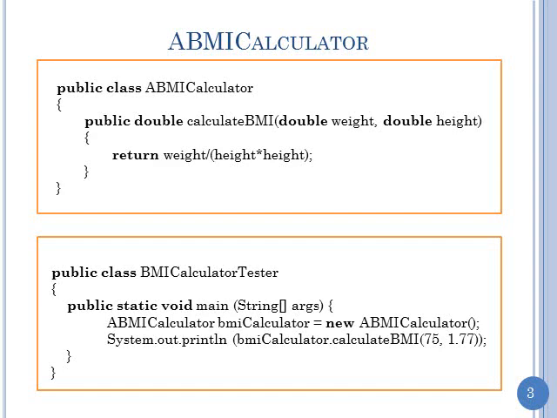So that was one example, and here's another example. It's a BMI calculator. Again, this is a class with only one operation, one function. In general, a class could have many functions. Where a square calculator took only one parameter, this calculate BMI function takes two parameters, the weight and height, and it computes the BMI out of these two values.